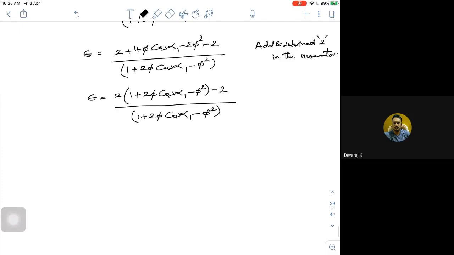So I can simplify this such that it is 2 minus 2 divided by 1 plus 2 phi cos alpha 1 minus phi square. So this will be your final expression.